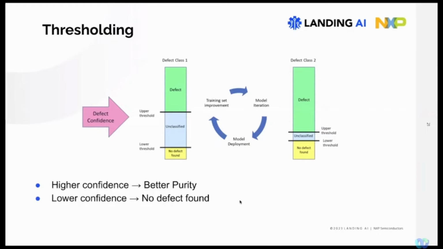By iterating, improving the training sets and the types of images that the ADC was having difficulty with, we were able to minimize the lower threshold and upper threshold, so that we have minimal unclassified defect data, and hence we can fully embrace the ADC system.